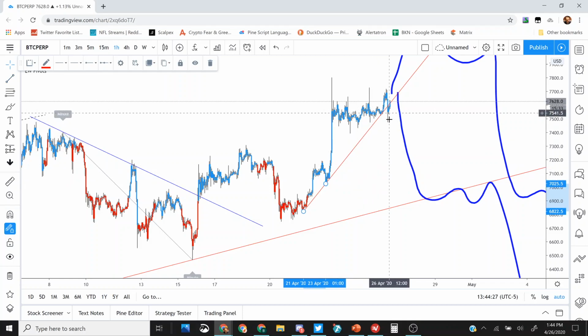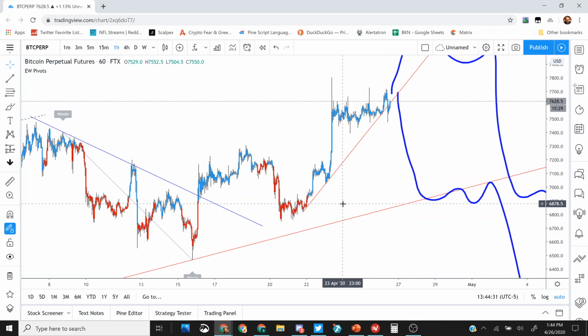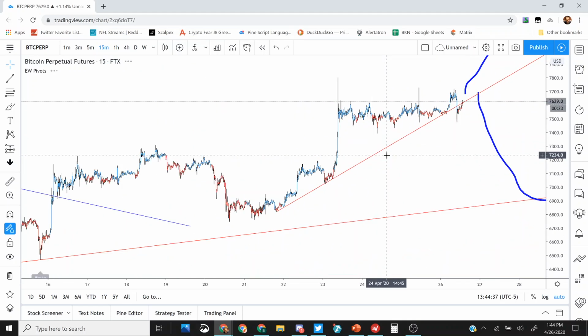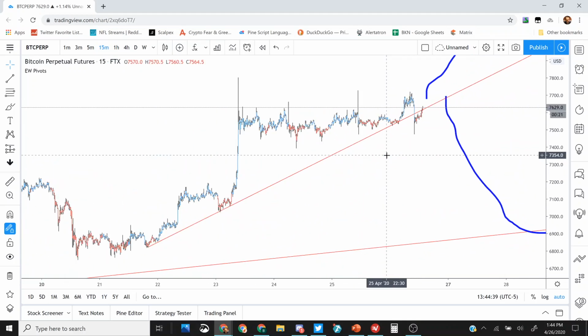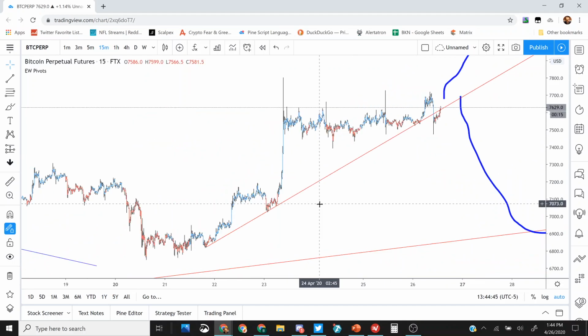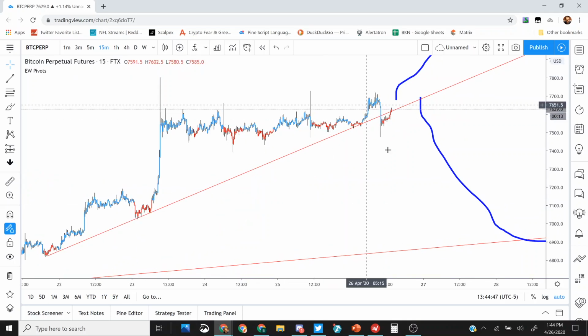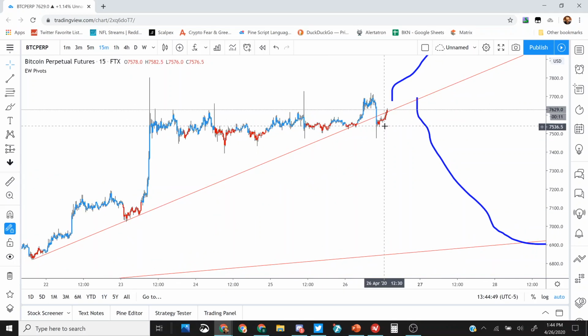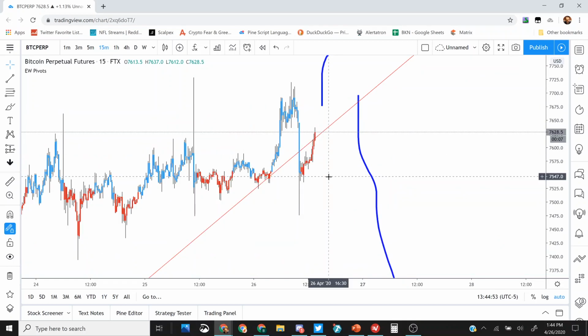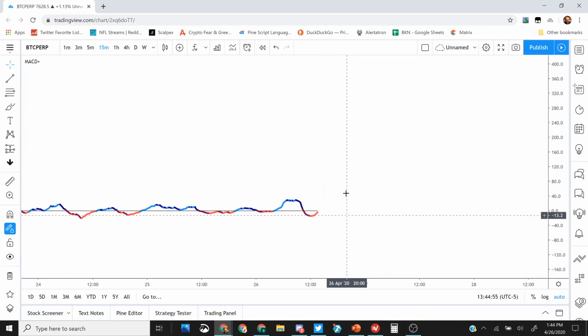We broke under this trend line, but now we're recovering over it. So it's not clear yet. Right now, I still think we might have one more move up. 15-minute, you can see, is red, but it's about to cross positive as well.